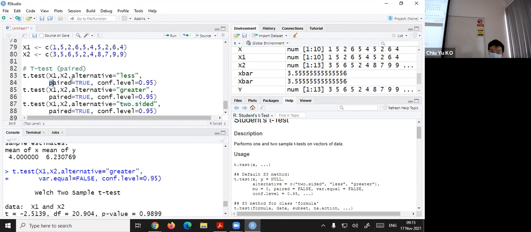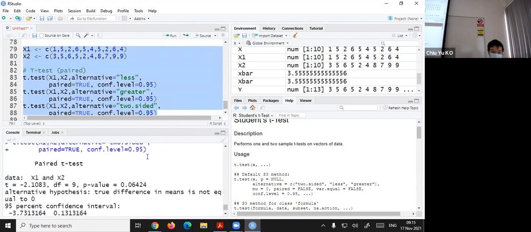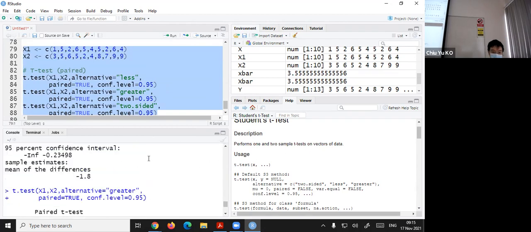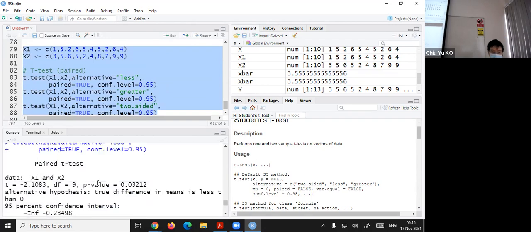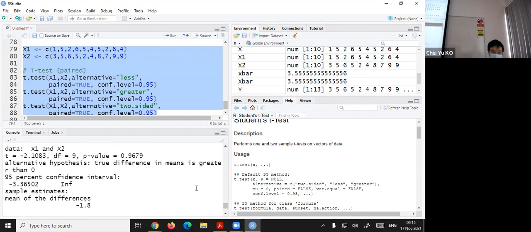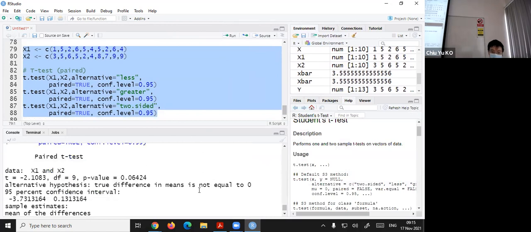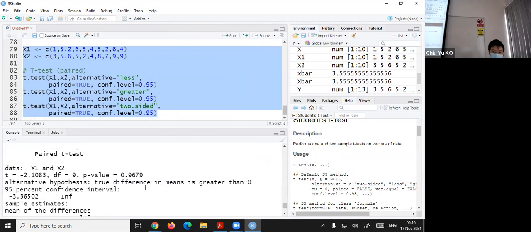Same data, we just do this pair, and you run this. This will give you a different p-value for one left tail, greater than, and also the not equal to two tail. All the p-values are here, and then you try.